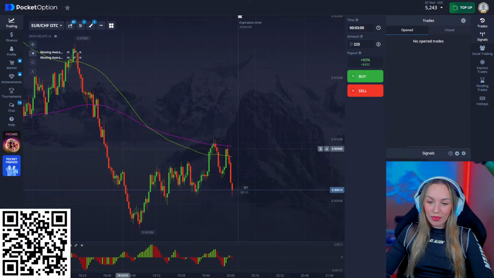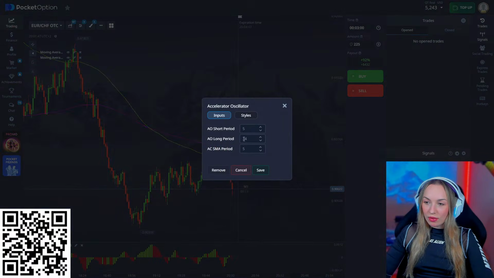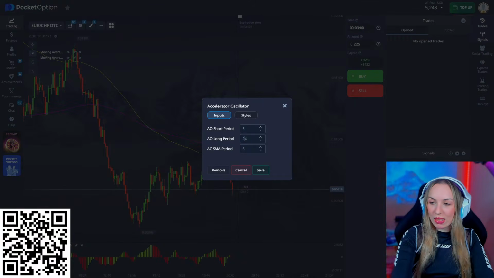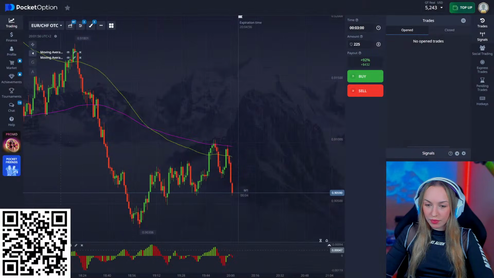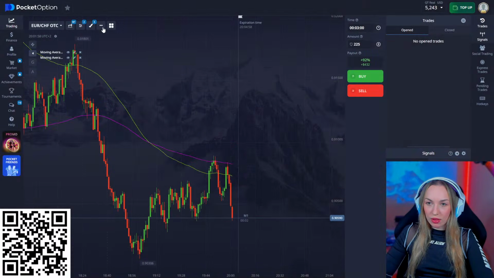Basically that's it. I already have my instruments here, which I'm using, except the accelerator. I'm not using this one.